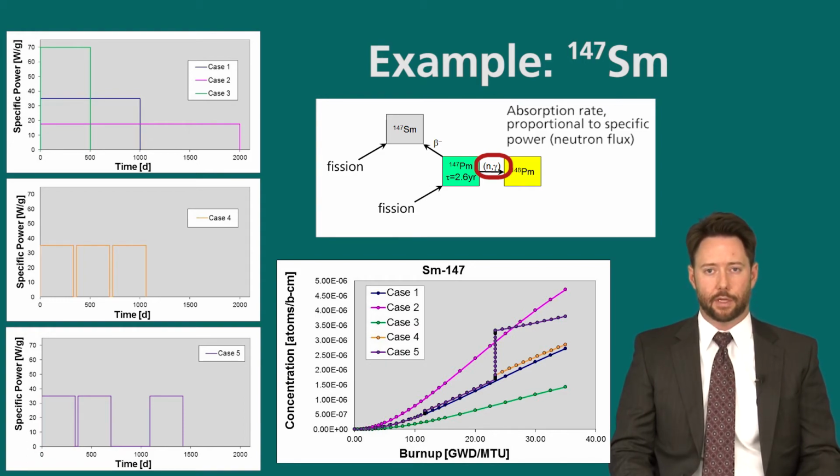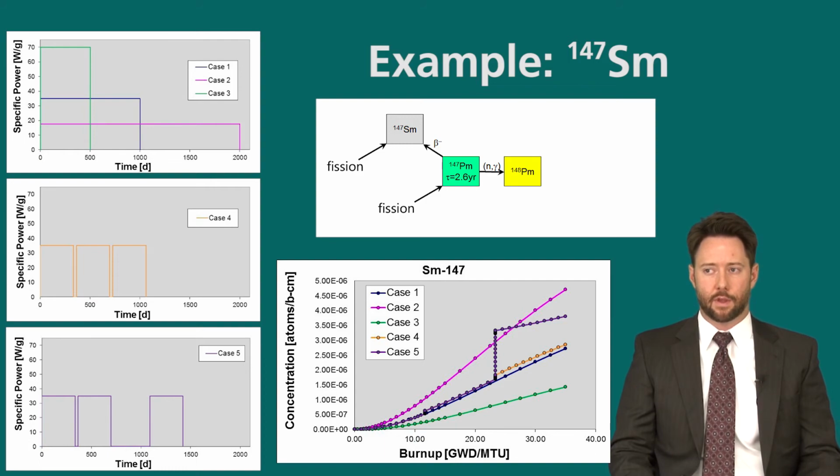And for case 3, when the specific power is doubled during the irradiation history, we have a much lower production of samarium-147 because more of the promethium-147 is experiencing a neutron absorption because there's a greater population of neutrons as a result of the higher specific power.